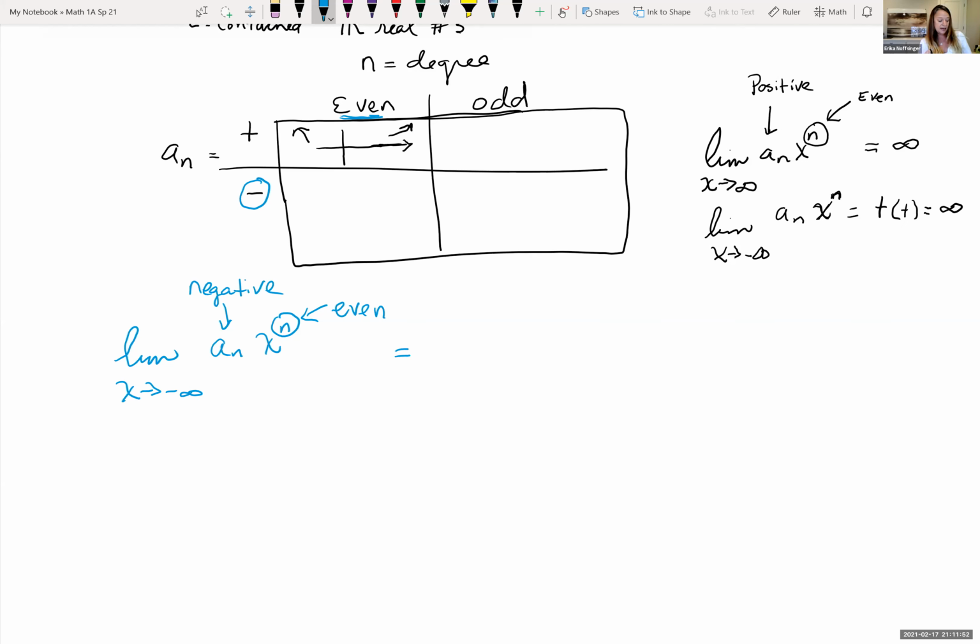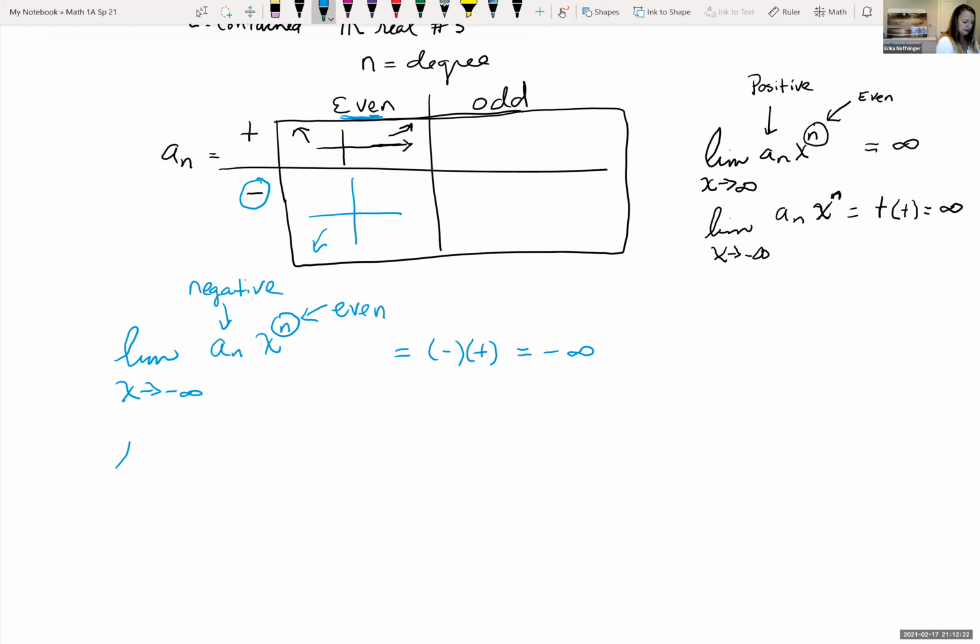So I'm putting in a negative number. I'm multiplying it an even number of times, which means this negative number raised to the nth power is going to be positive. And then I have this negative coefficient out front. So I have some negative number times some positive number. And I know that result, negative times positive, is negative. And so as x is going to negative infinity, this is shooting downwards.